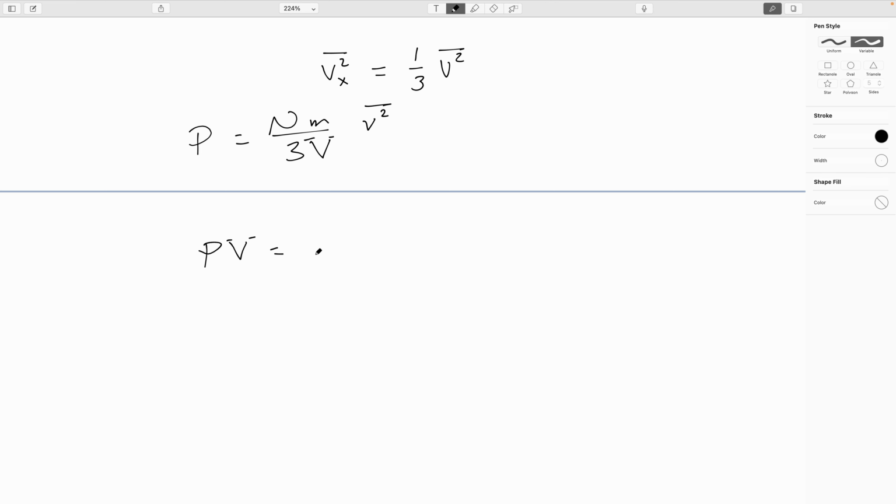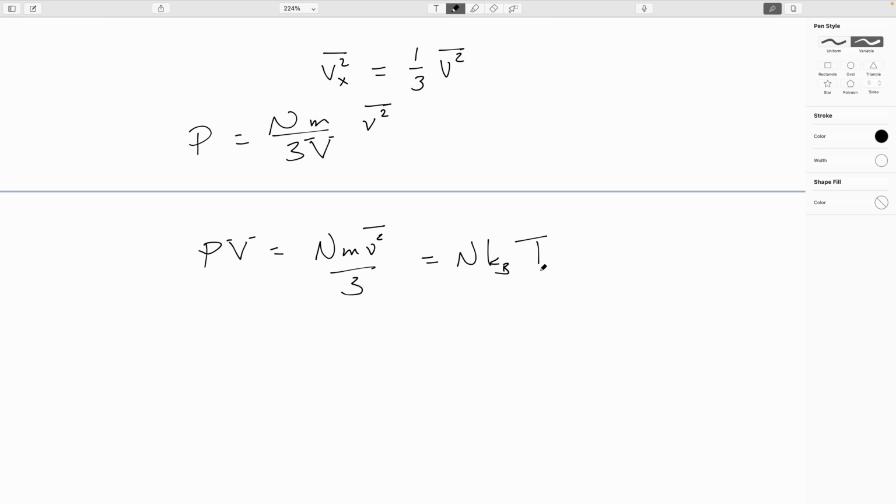equals, well, we have N m v squared bar over 3, right? But the ideal gas law also says that has to be equal to N times Boltzmann's constant times T. Now here is where what's really going on is Boltzmann has now identified that the temperature is proportional to the average kinetic energy of the molecule.